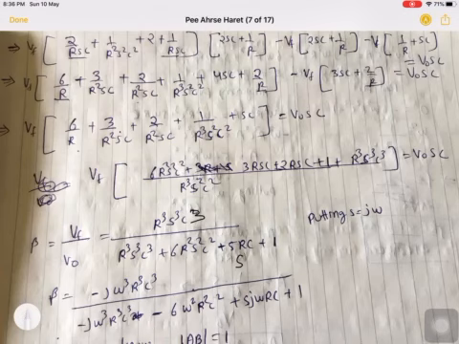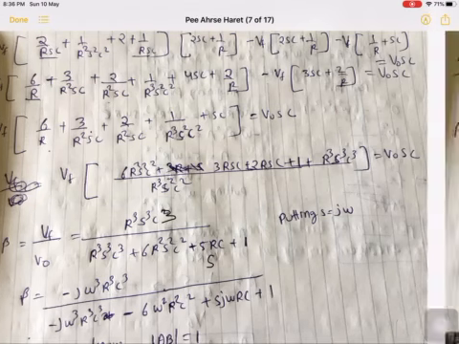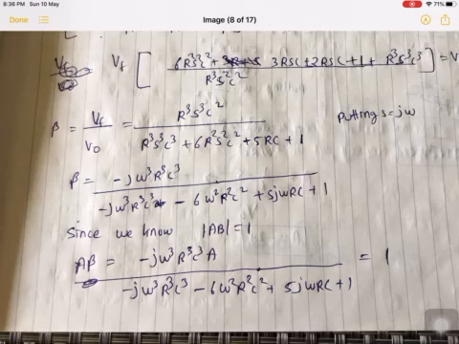Since we know for the Barkhausen criterion, the condition is that the mod of A into B has to be equal to 1. So in the next slide, since we know AB equals 1, I am multiplying with A here. So AB is equal to minus j omega cube R cube C cube times A, and the denominator will remain the same.